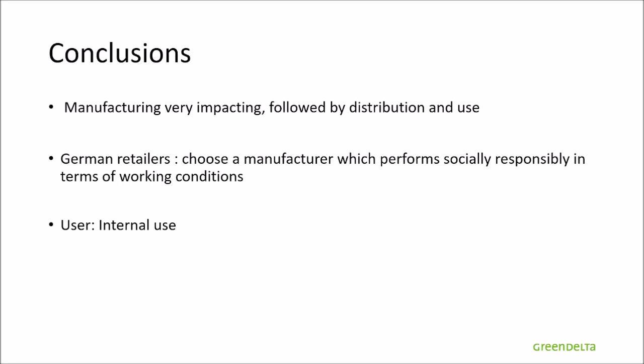For instance, being careful with the weekly hours of the manufacturing site, paying attention to overtime hours, to the trade union density, and to the sector wage. Regarding the use stage, we saw that washing the sweater yourself showed the lowest social impacts, so this would be the main recommendation that we can derive from the study from the user perspective.